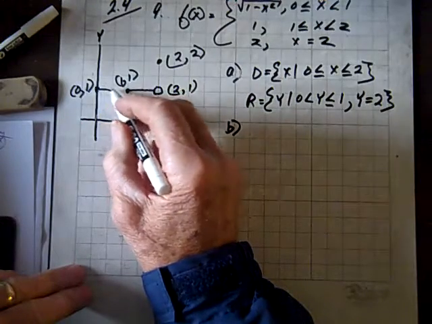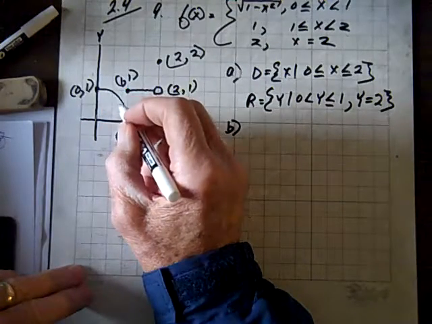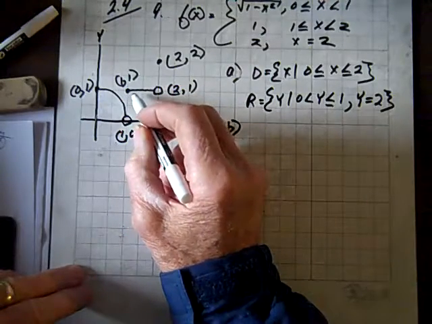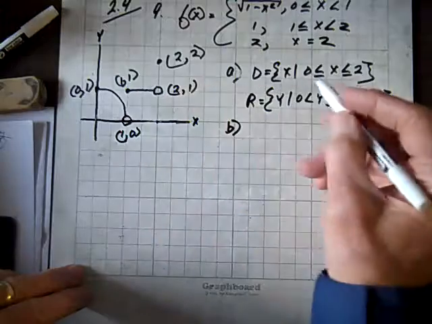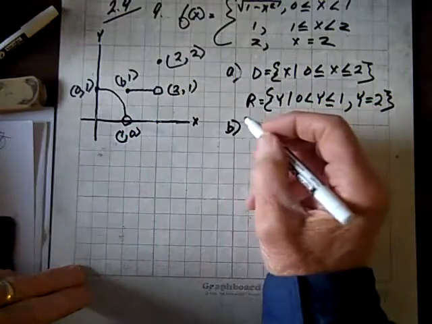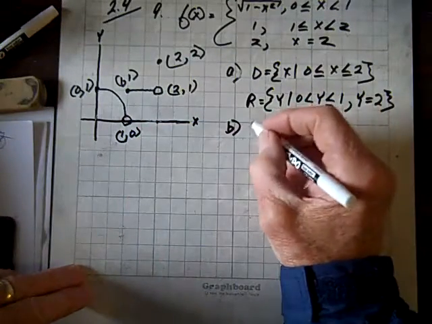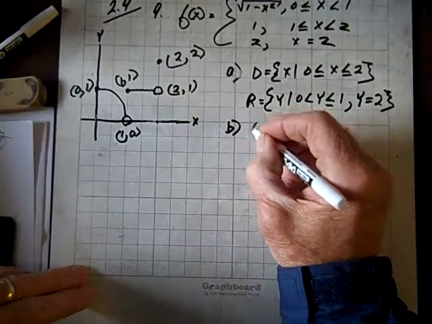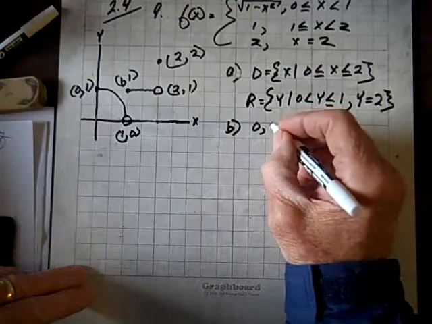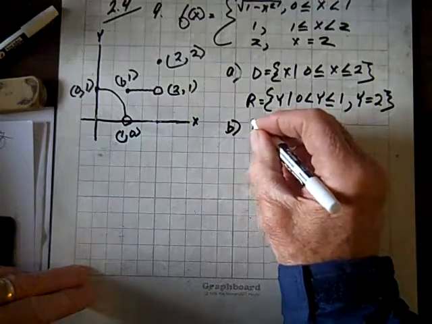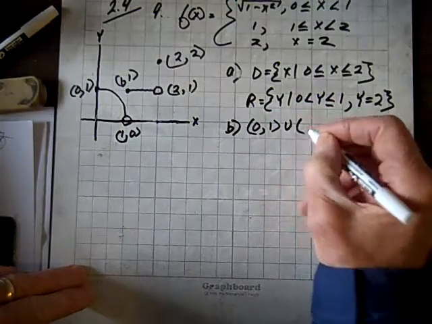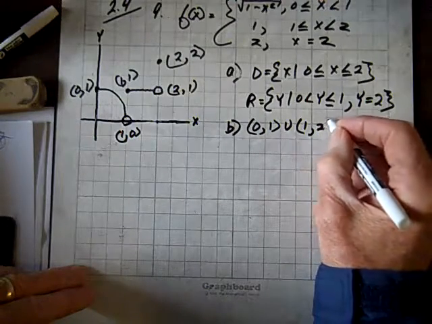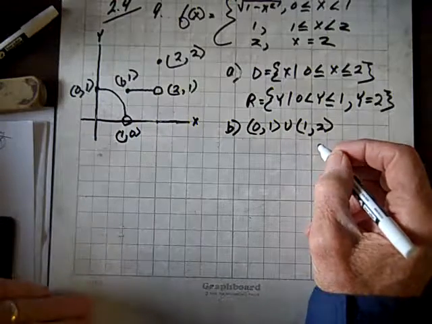And so any of the points between 0 and 1, the limit will exist, and also between 1 and 2, not including 2 or not including 1. So we'll designate those with open intervals. So we're going from 0 to 1, open interval, union 1 to 2, and again open interval.